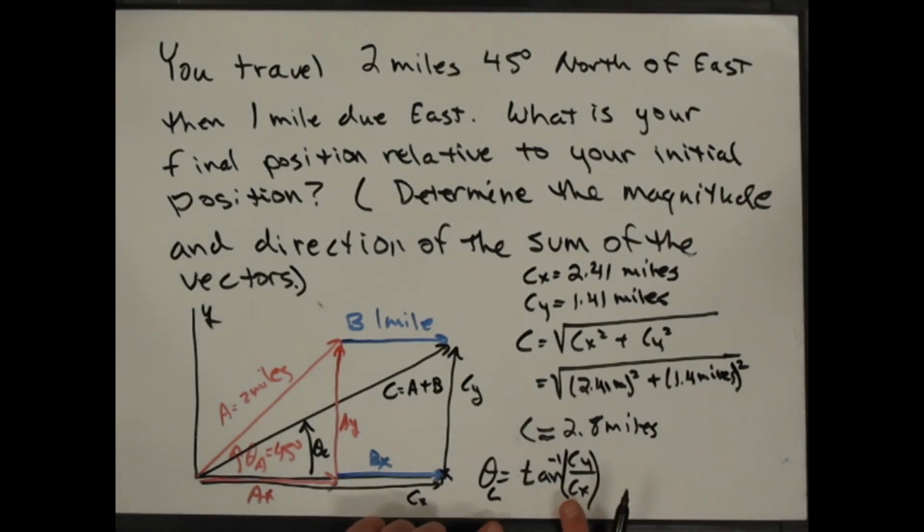Since tan theta is the opposite over the adjacent, theta is the inverse tangent of the opposite over adjacent. So if I take 1.41 divided by 2.41, I get 30.3 degrees.